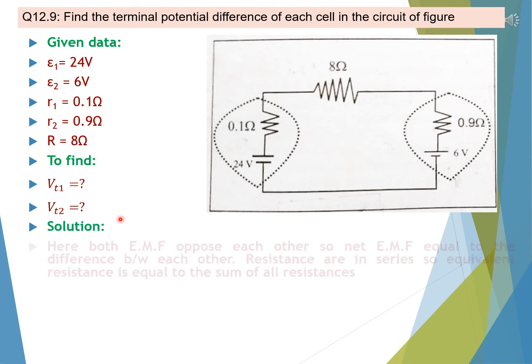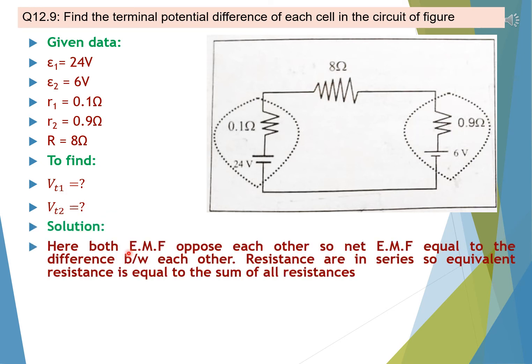Solution. Here both EMFs oppose each other, so net EMF is equal to the difference between them. Resistances are in series, so equivalent resistance is equal to the sum of all resistances. By using the formula I is equal to E divided by R, and putting E is equal to E1 minus E2 because the net EMF is the difference between them, and putting R equivalent is equal to r1 plus capital R plus r2.